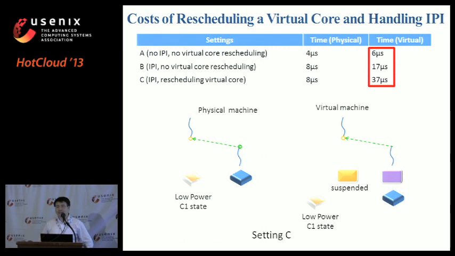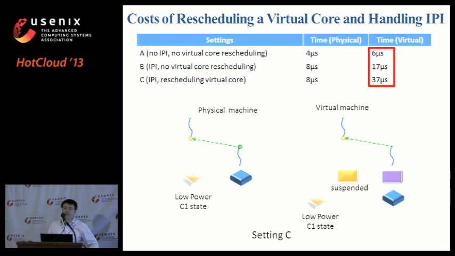Why then do you think the performance will be worse? Even if you pin the virtual core on a physical core, when the virtual core is idle, you still need to suspend this virtual core so that it can be put into a lower power mode, right, if it's idle.